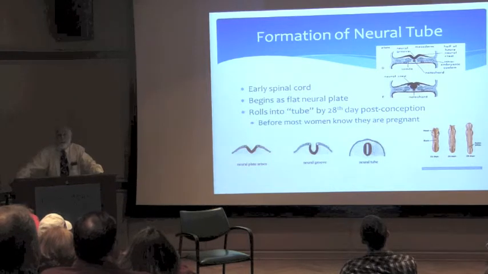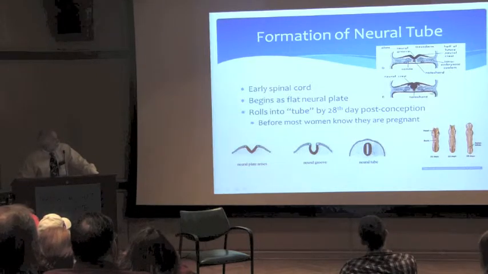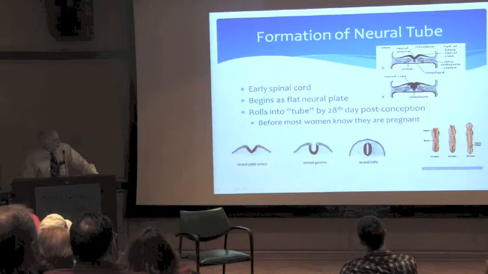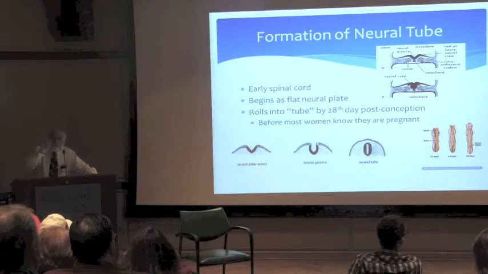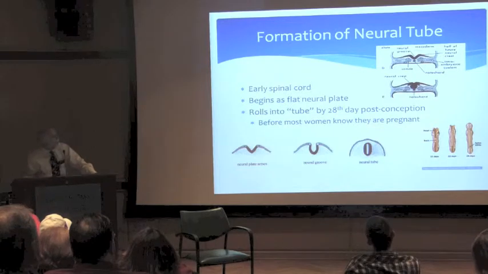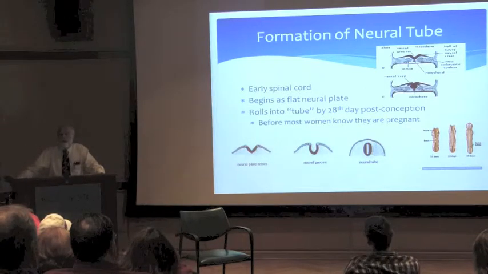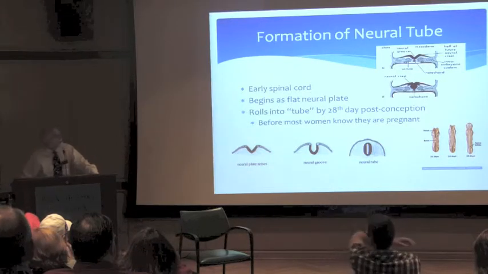And between only 24 and 28 days, this process of this original notochord forming, and then this plate arising, this groove forming, and then closing from what we would think of as the back of the skull to the bottom of the spine, really zipping actually from the middle up and then from the middle down, and then closing the neural tube. So of course, then spina bifida and the related birth defects, anencephaly and encephalocele, are arrests or alterations in this developmental process.